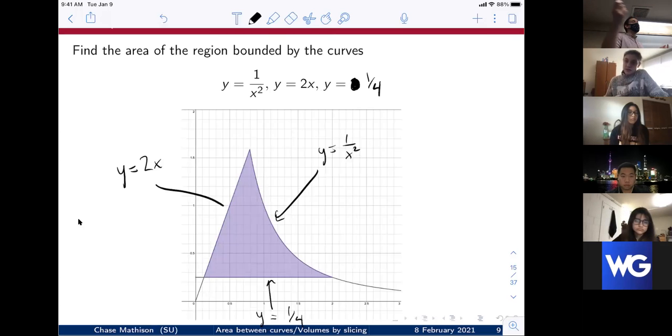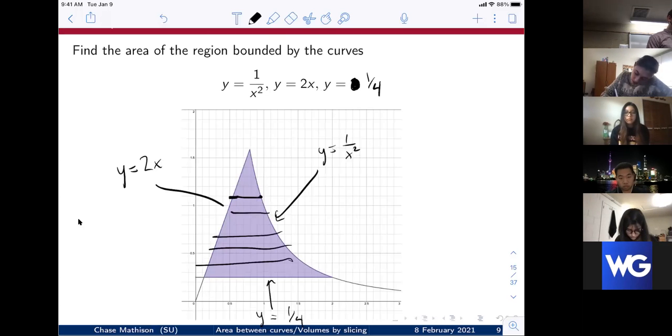In terms of y, and why should I do that? Because it's not really an up and down curve, it's more of a left and right. Exactly. When I'm looking at this region, I don't really have one top curve and one bottom curve. I really have a right curve and a left curve the whole way up and down.